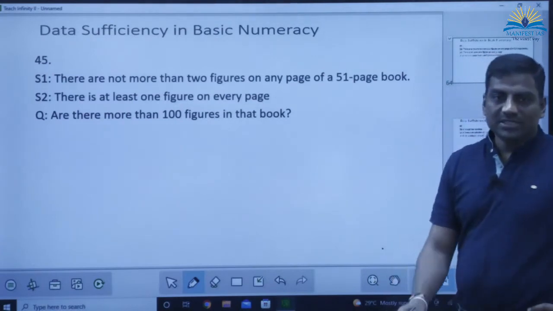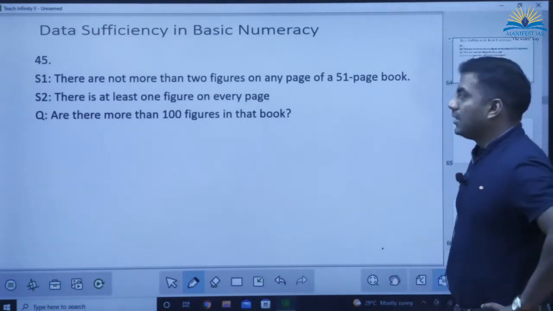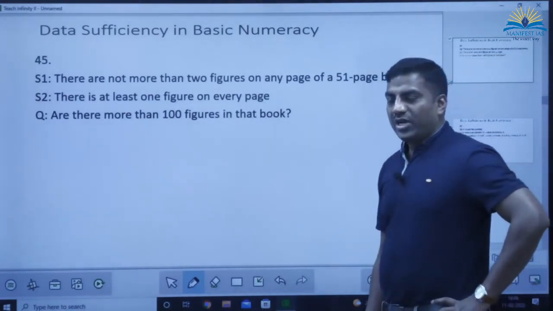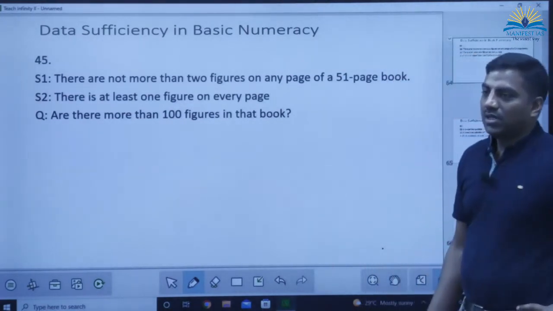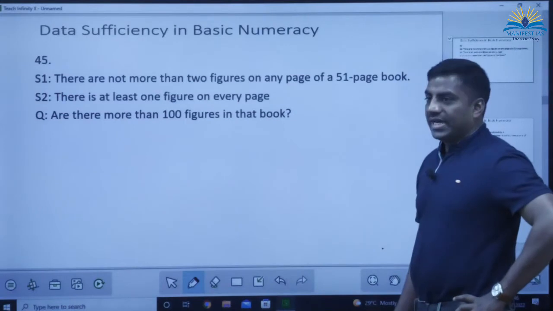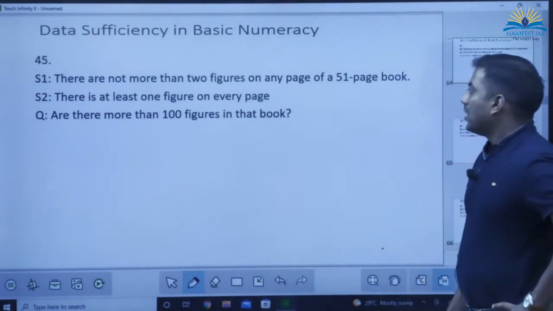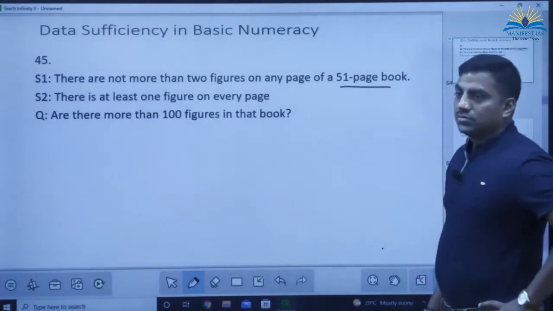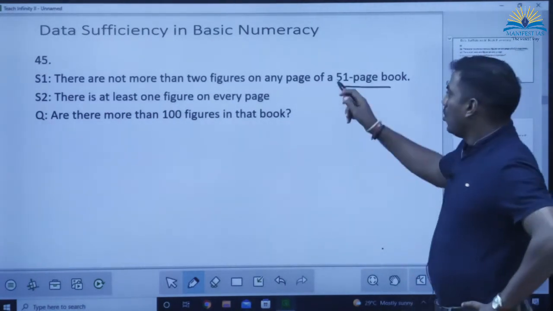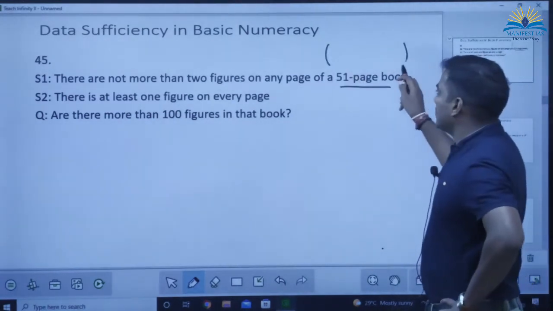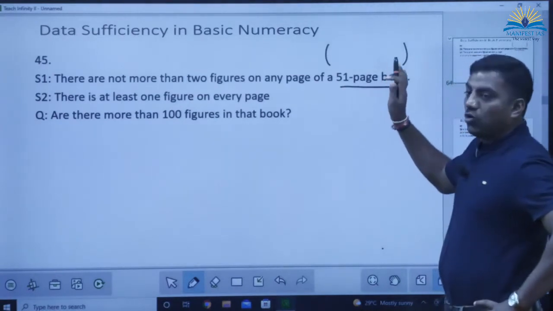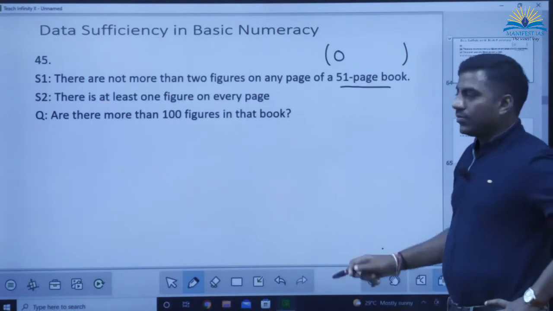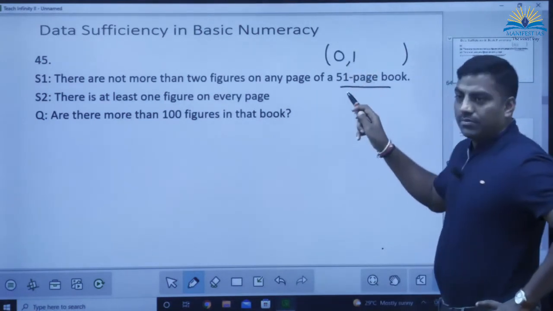First statement I will read. There are not more than 2 figures on any page of a 51-page book. Per page, what can be the number of figures? Not more than 2. 0 can be, 1 can be.